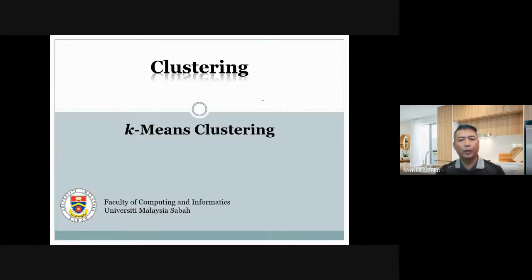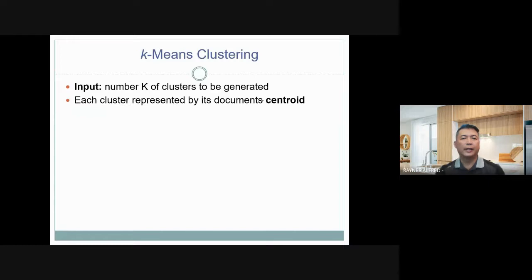So we will look into K-means clustering. We will have 2: one is K-means, one is bisecting K-means. For K-means clustering, the input will be K. The user has to define what K is. Each cluster is represented by a document centroid, which means that for each cluster we have, we will pick randomly from the list of documents to be the center of the cluster.